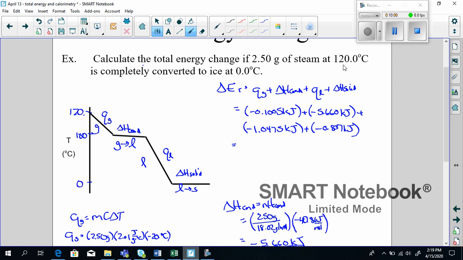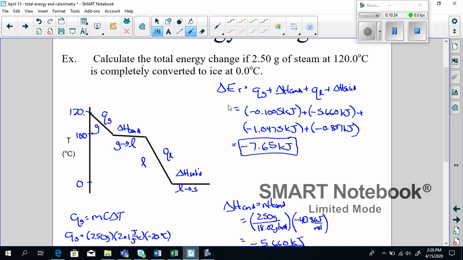We have 4 in this measurement. We always take the value with the smallest number. 0.0 technically is no significant figure, so we don't use that to direct us with our reporting of our answer. So here with 3 significant figures, we should get a final answer of negative 7.65 kilojoules. And if you put this in joules, that works just as well.